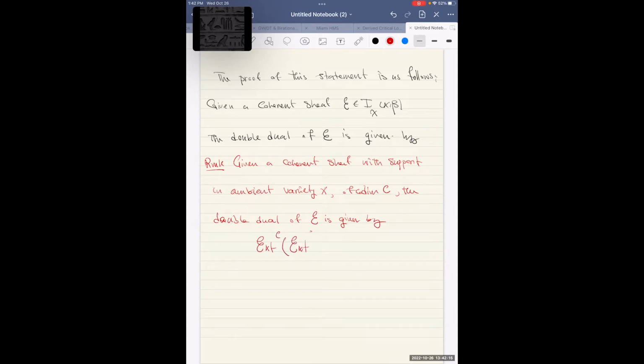You take the dual twice, the dual of the dual. That's a sheaf. Which Ext group? The one whose order of extensions is c, the codimension of E. And then you take the dual again. That's what the double dual is.